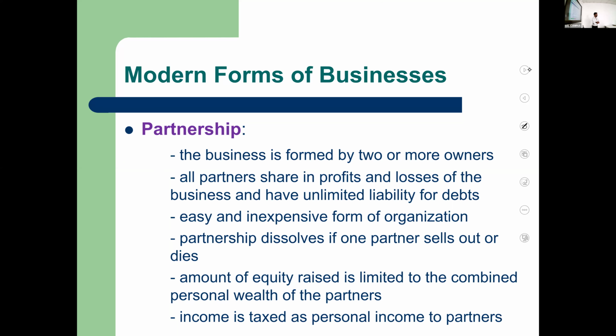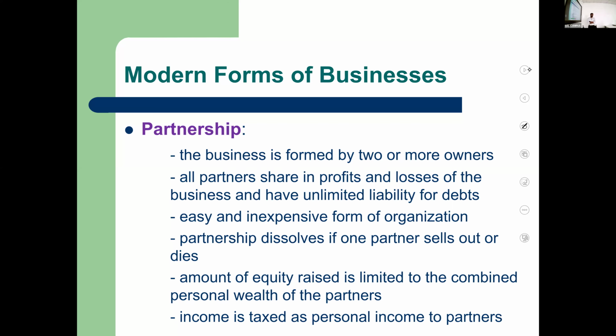What is the common goal? Earning profit, right? So that is a partnership. But for partnerships, unlike a company, they have unlimited liability, right? If they don't have funds, if they are bankrupt, they need to use their personal assets to settle those things.